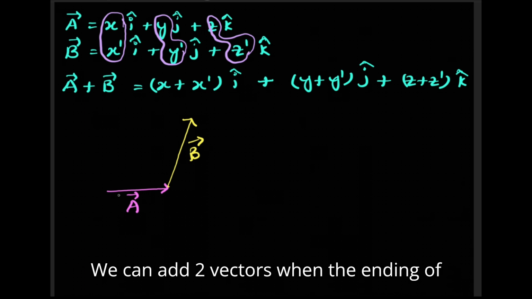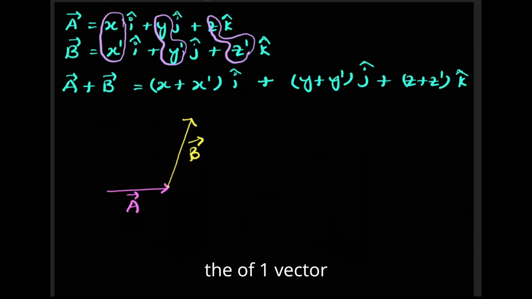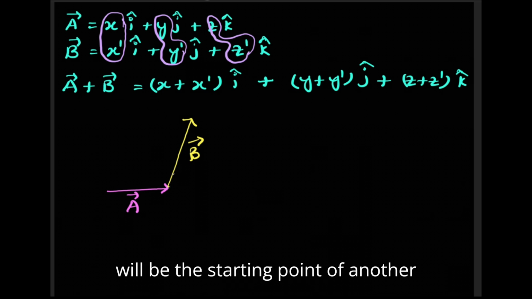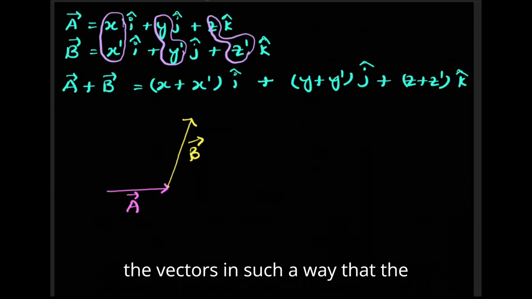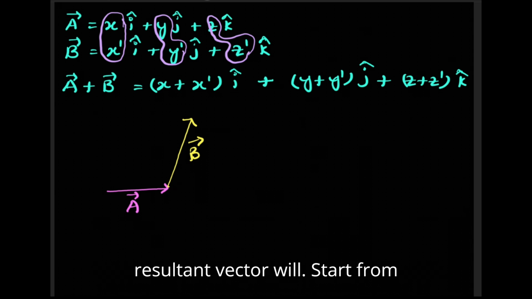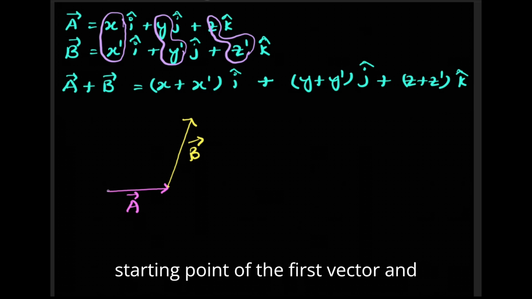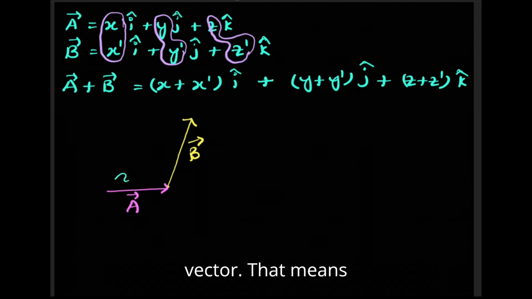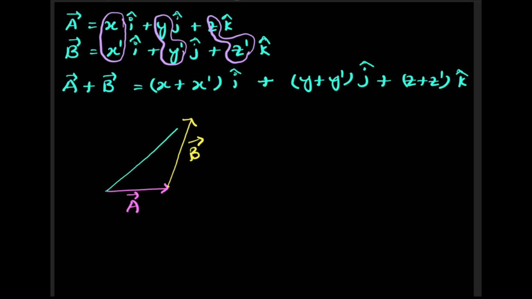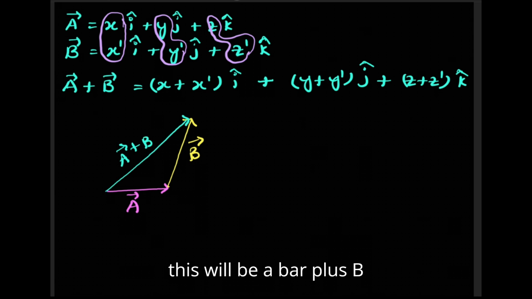We can add two vectors when the ending of one vector is the starting point of another vector. Geometrically, when we have this kind of representation, we can add both the vectors in such a way that the resultant vector starts from the starting point of the first vector and ends at the ending point of the second vector. That means this will be a bar plus b bar.